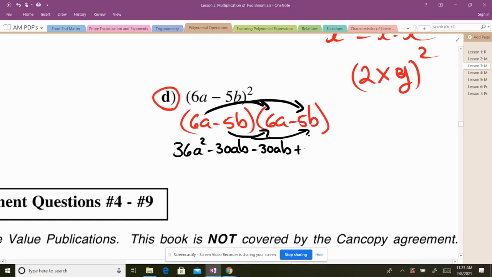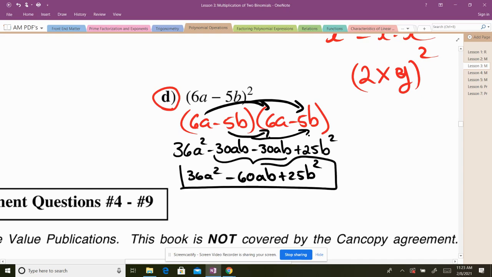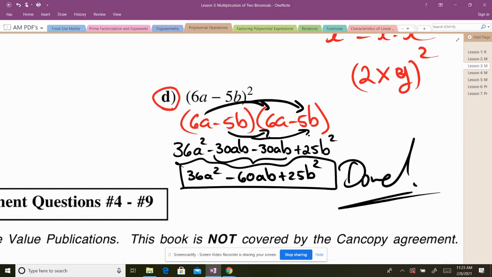Thank you. Are there any terms that you can combine? Yeah, the two middle ones, right? Which combine to what? Negative 60ab. Tack on the other stuff. And you are done. That says done, even though it doesn't look like it.